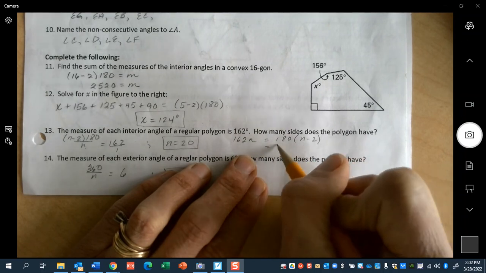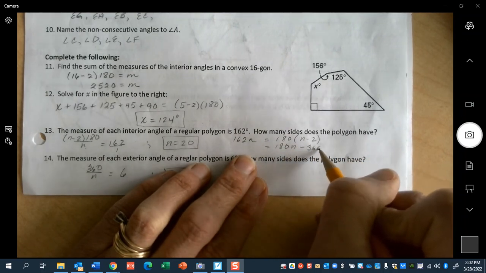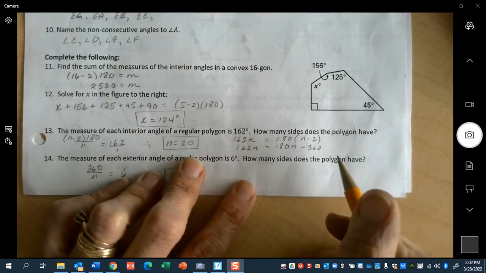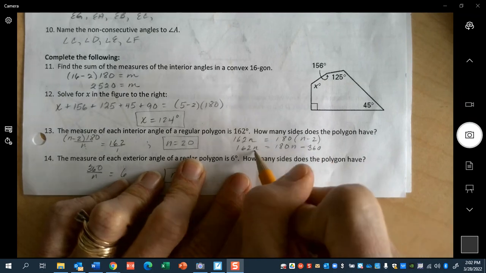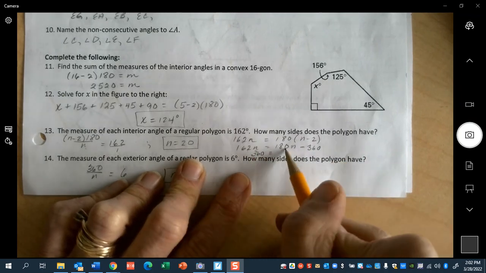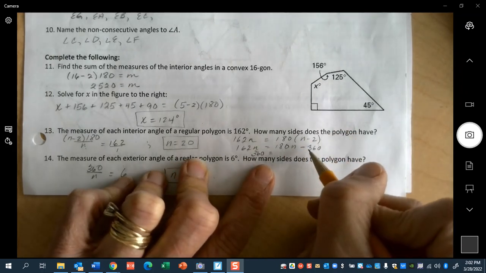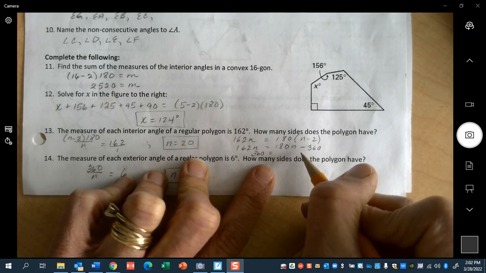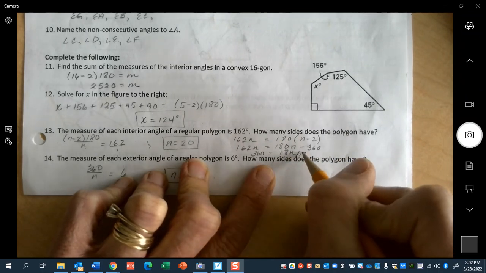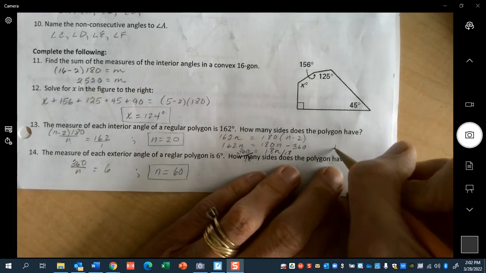So my distributive property here, and then I can combine my terms. I'm going to add 360 to each side to make it positive, and I'm going to subtract 162n from each side. What does that give me? 18 n's? Yeah.